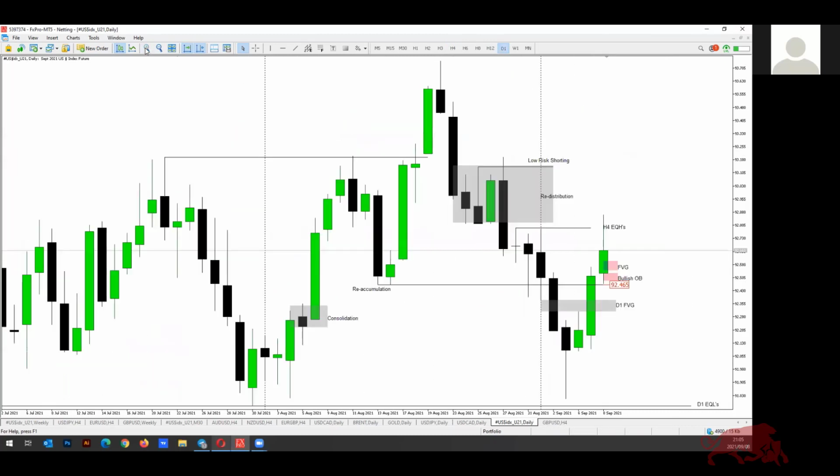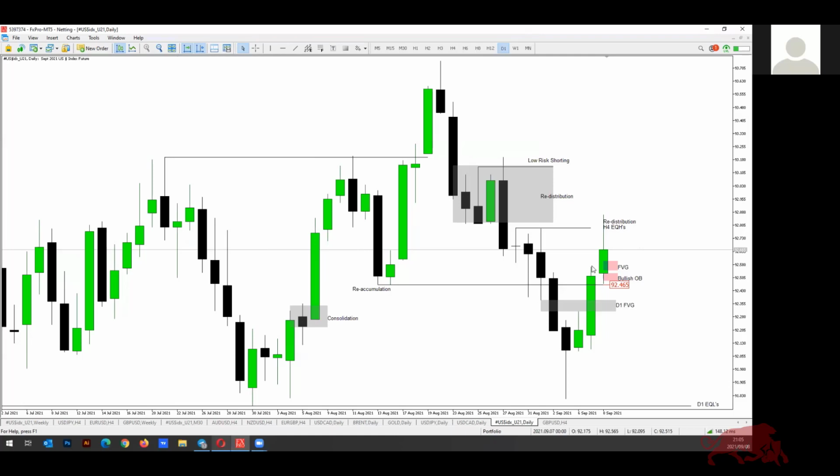Let's see what the daily looks like. So this is our daily. We've already taken out. You can see we are likely getting a second redistribution, I mean, on DXY. This clearing of the H4 equal highs, those two daily equal highs.